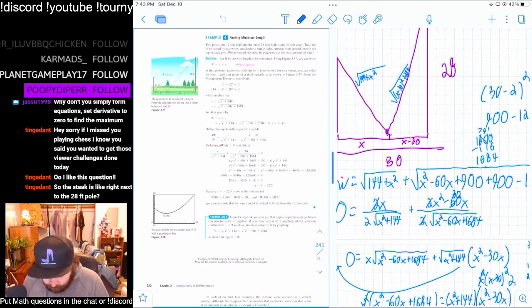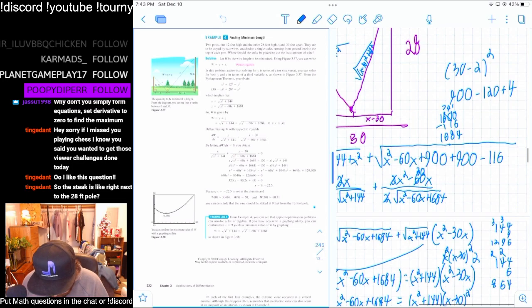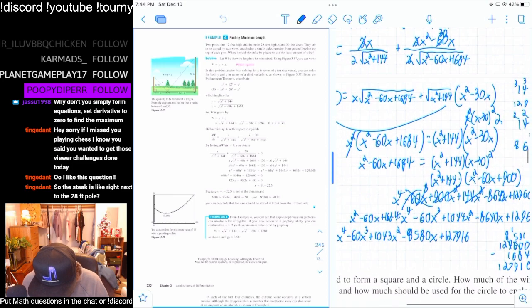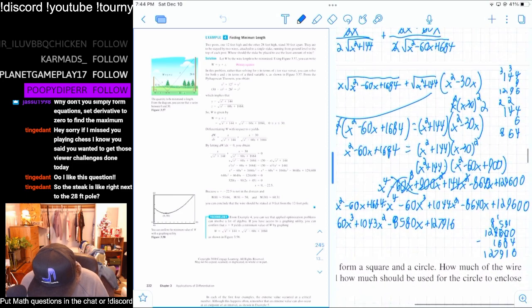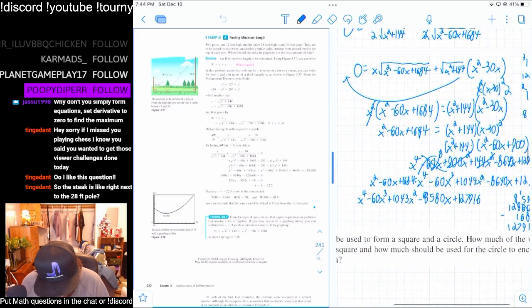Yeah, 1684, I got that. And then you set it equal to 0. Wow, did they get down to what I got to? They got their x to the fourths to cancel.